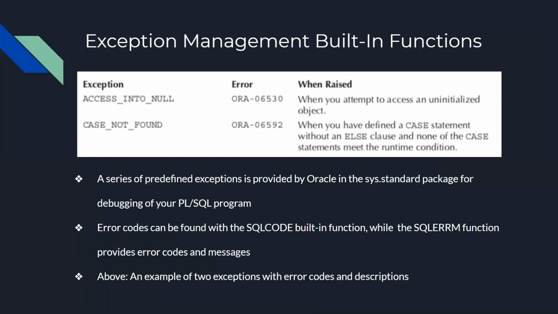This type of error can be found with the SQLCODE built-in function, while the SQLERRM function provides error codes and messages. So here we have an example of two exceptions with error codes and descriptions. So these are the types of errors that we'll be getting.